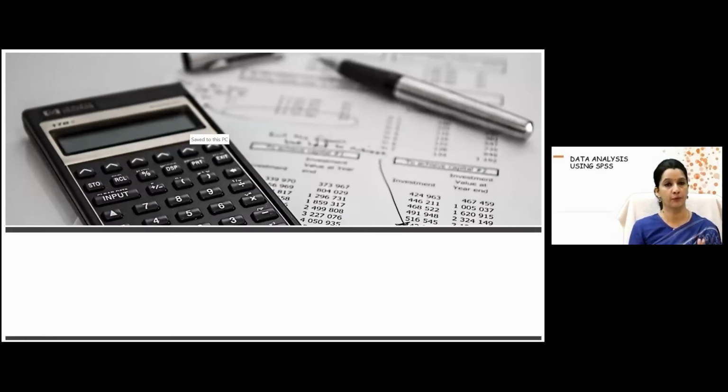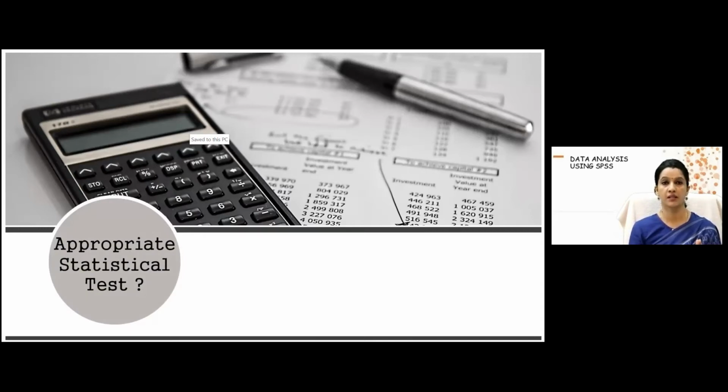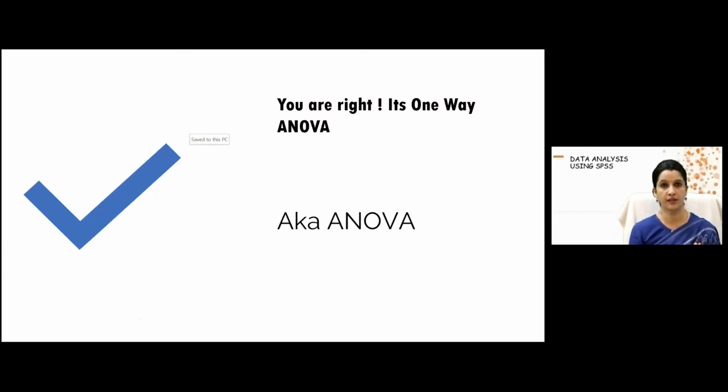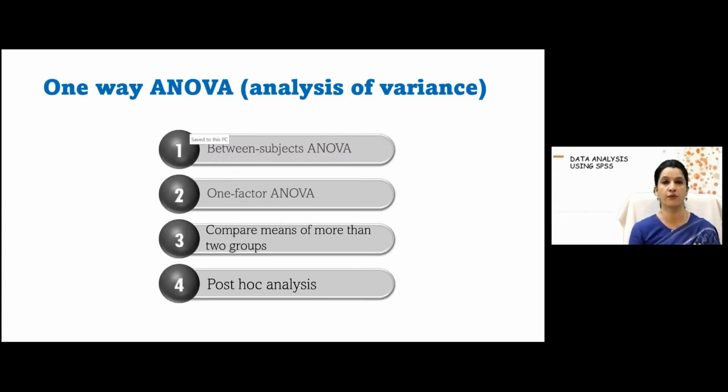So the appropriate statistical test would be a statistical test which can measure the mean across the nominal or ordinal variable, and the appropriate statistical test for such a research question would be ANOVA, also known as the analysis of variance.